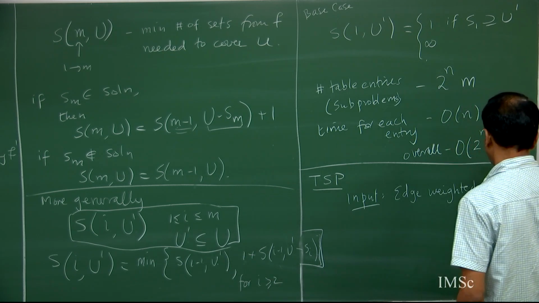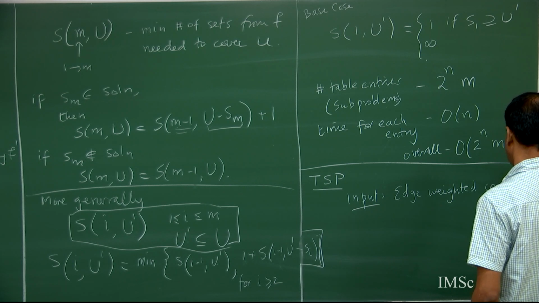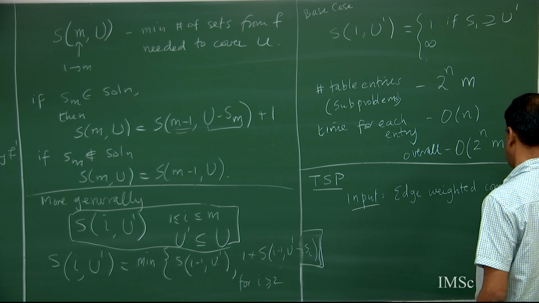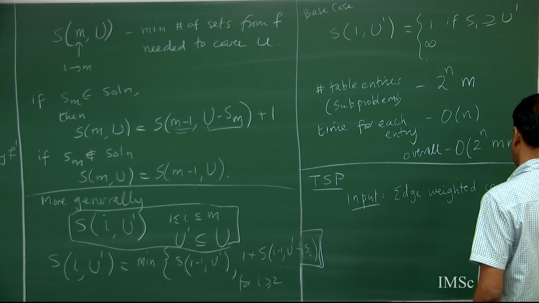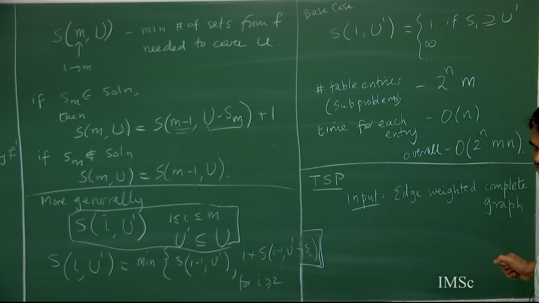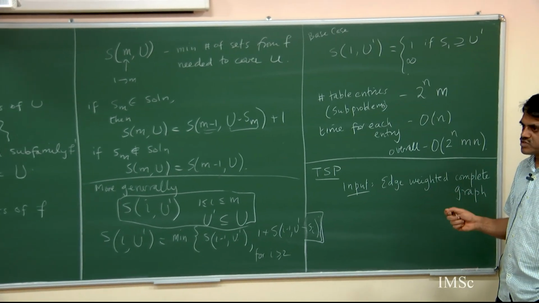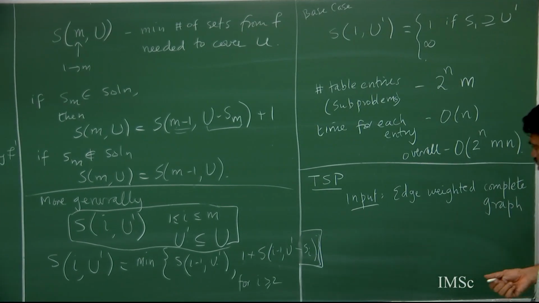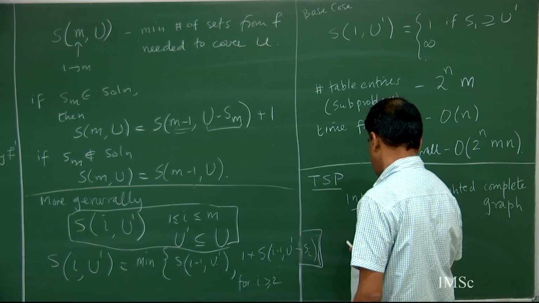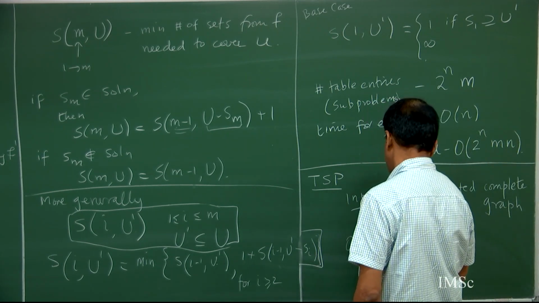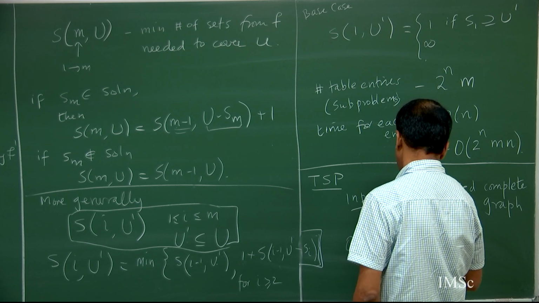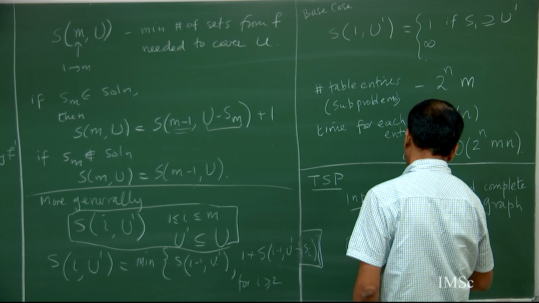Let's even say it's complete. So, I have a complete graph. Every edge has a non-negative weight which corresponds to the distance. And what do you want? The output is the min weight Hamiltonian cycle.